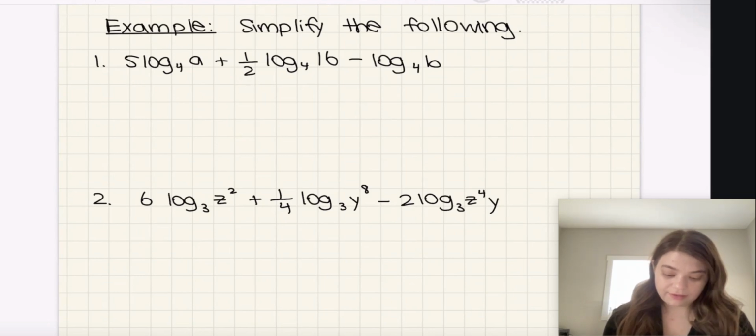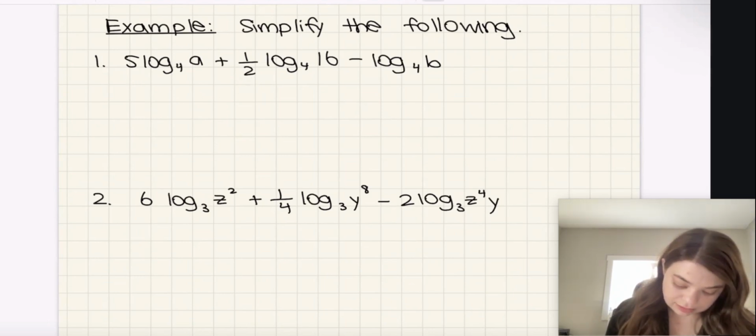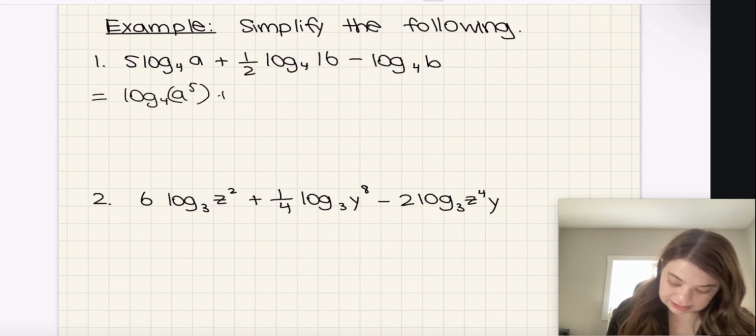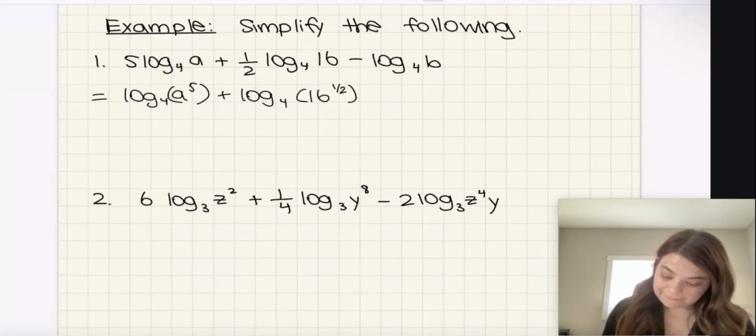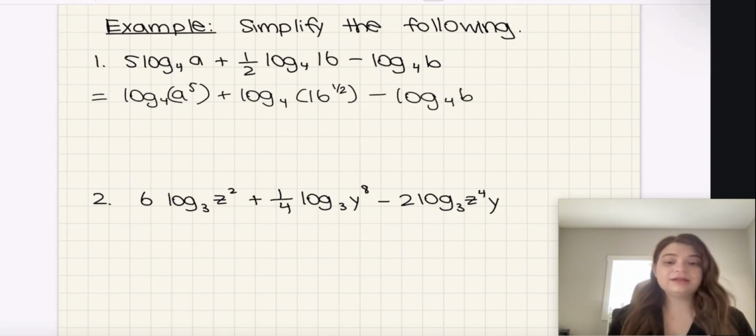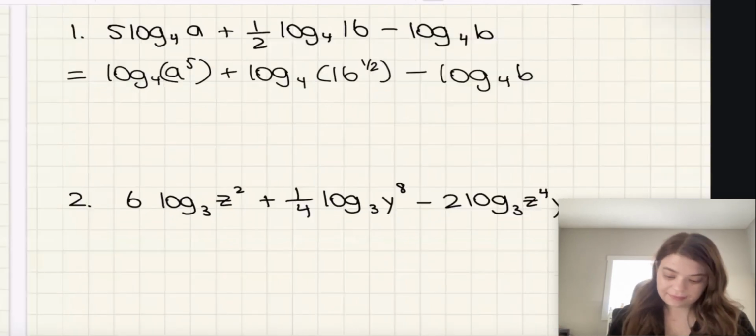Okay, so therefore we have that this is equal to log with a base 4 of a to the power 5, like that, plus log with a base 4 of 16 to the power of 1/2. And actually, the power should be with the 16, like that. And then minus log with a base 4 of b, right? So that's just going to be the exact same.